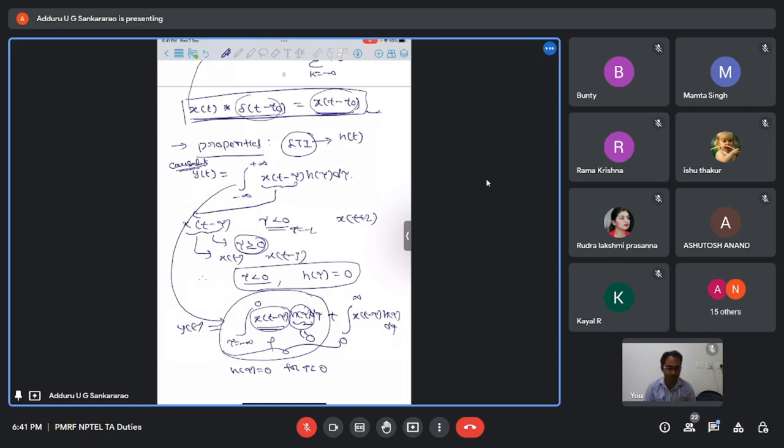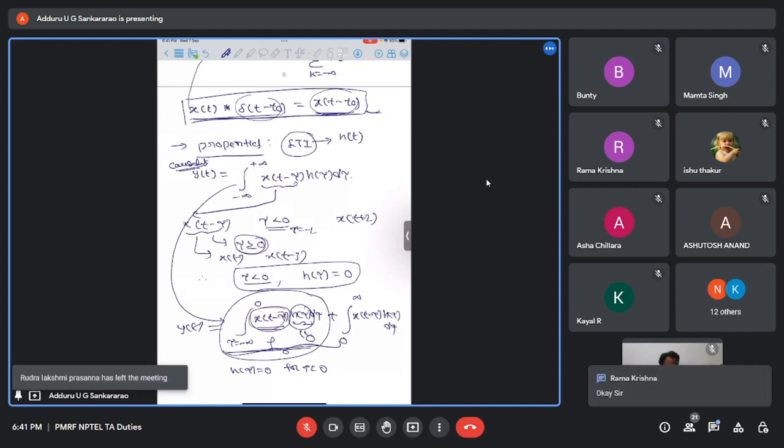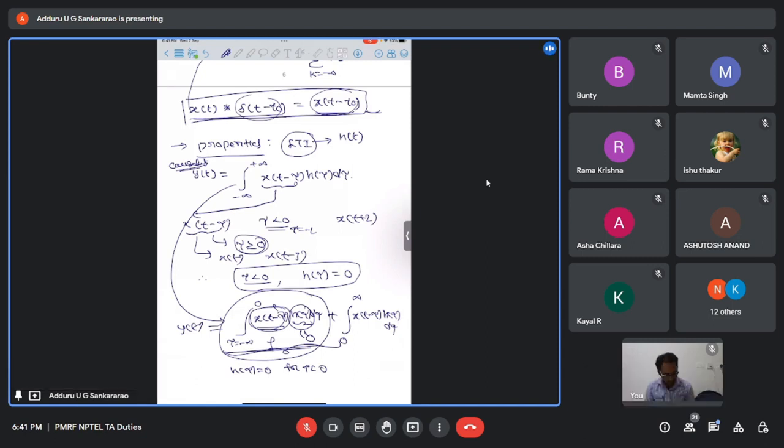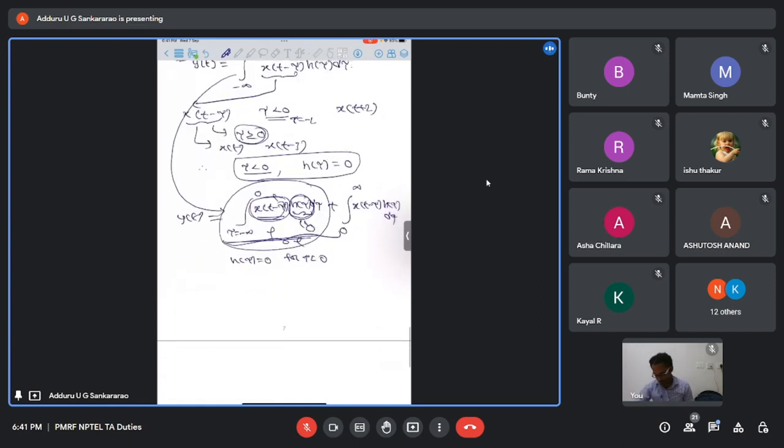Is that okay? See, in this one, for tau less than 0, the input has future values, so we want to eliminate the dependency on future values. For tau less than 0, if we make h of tau 0, then it will not depend on the future values, right? So we can say an LTI system is causal only when h of t is 0 for t less than 0.